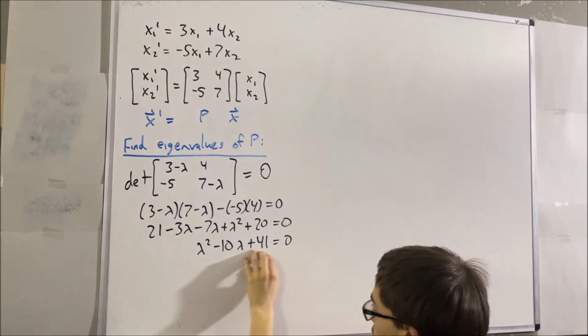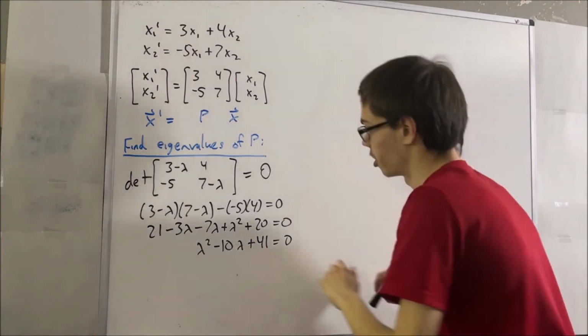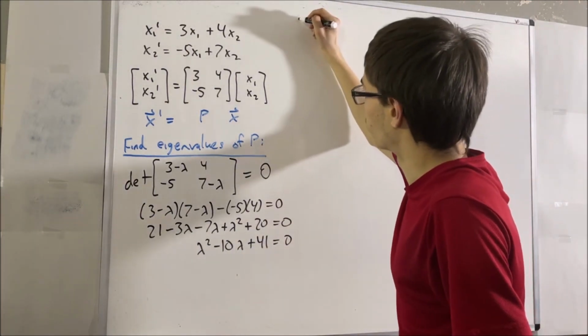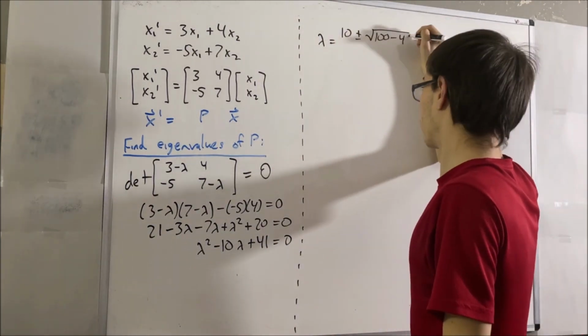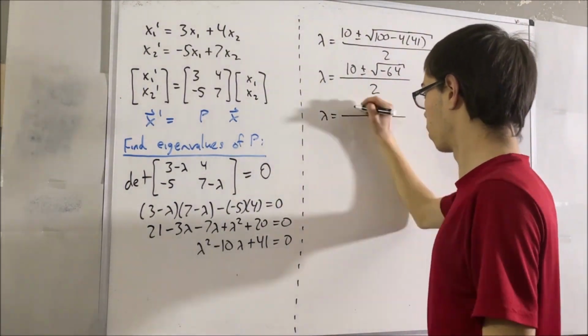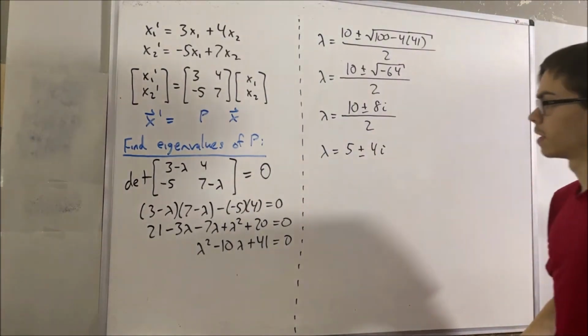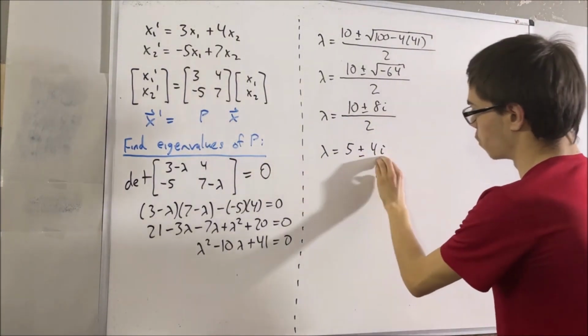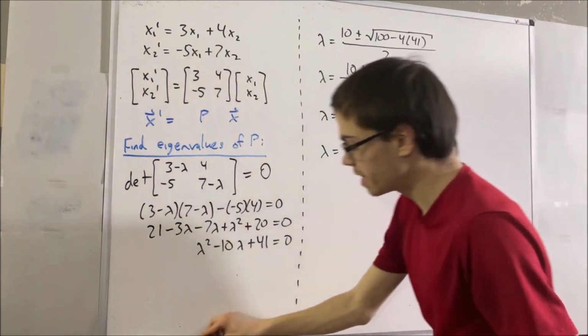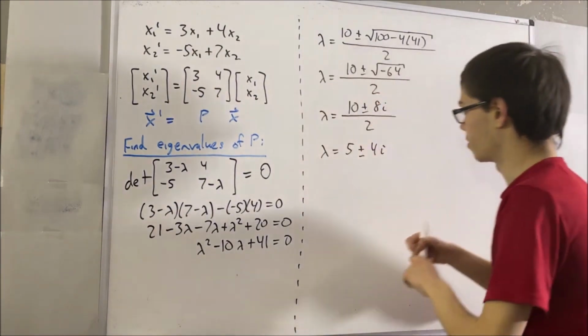Now, this quadratic equation can't easily be solved by factoring, so I'm going to resort to the quadratic formula. And so this is our result. Lambda equals 5 plus or minus 4i. So we basically have two eigenvalues.